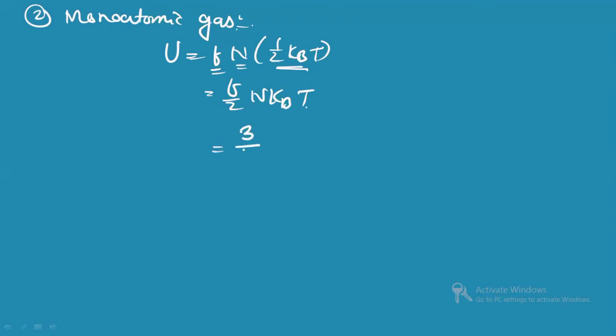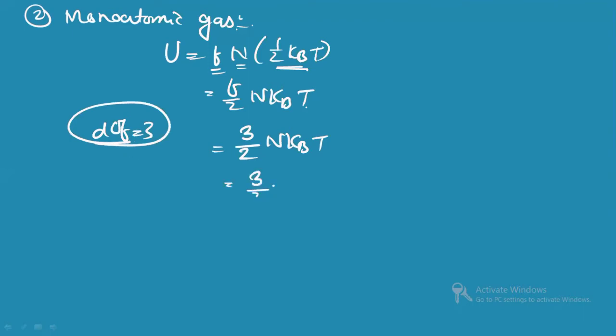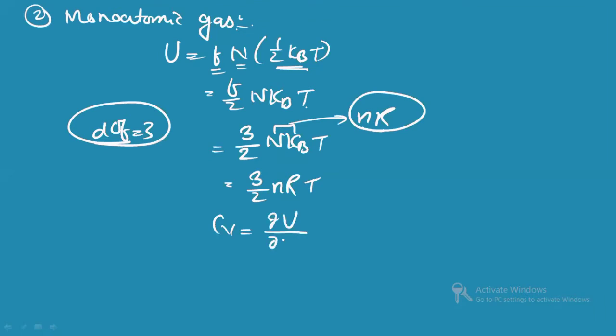So you can write it as 3 by 2 N kBT. You can write it as 3 by 2 nRT, because you can write N kB as small n and capital R. All right. So CV will be equal to dU by dT. That means it will be equal to 3 by 2 nR. This is how you can calculate the value of CV. Clear?